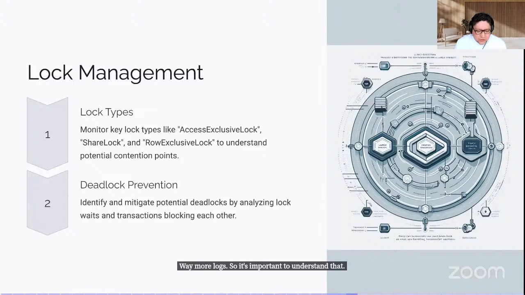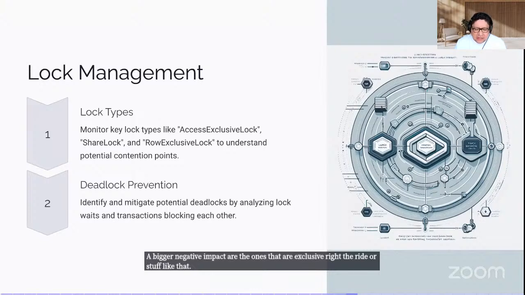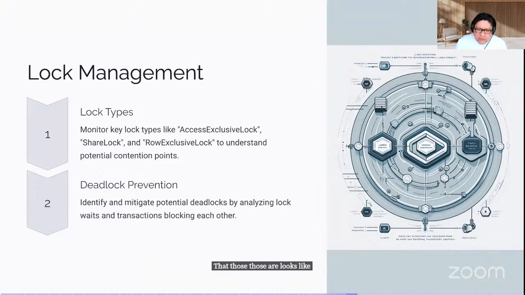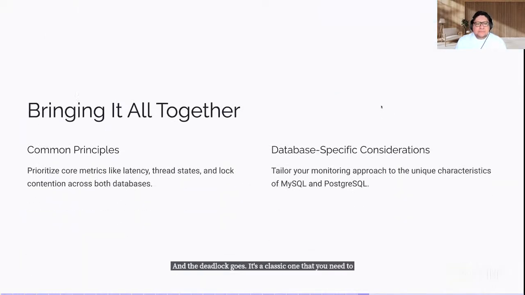But usually the locks that have a bigger negative impact are the ones that are exclusive, right? For write or stuff like that, because those are locks that pause not only writes but also reads. So that is important. And the deadlock is a classic one that you need to check.